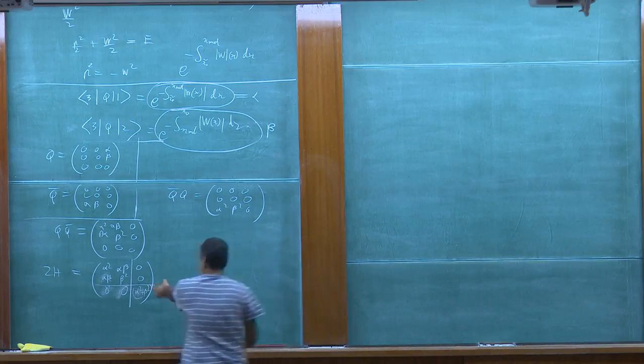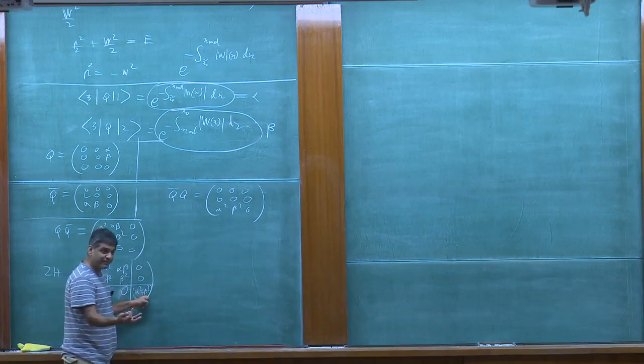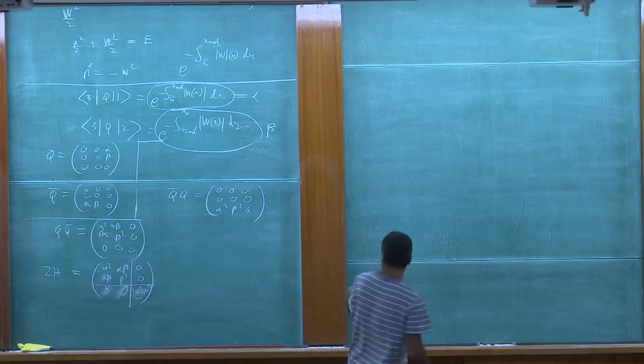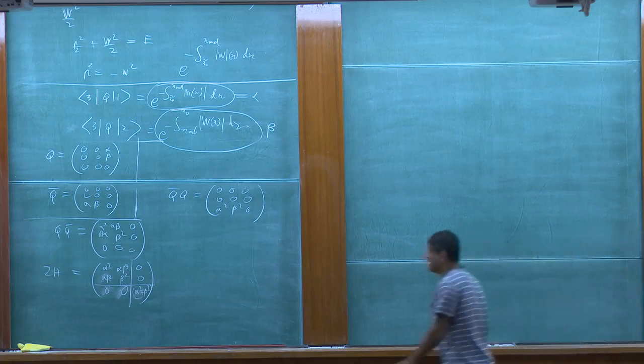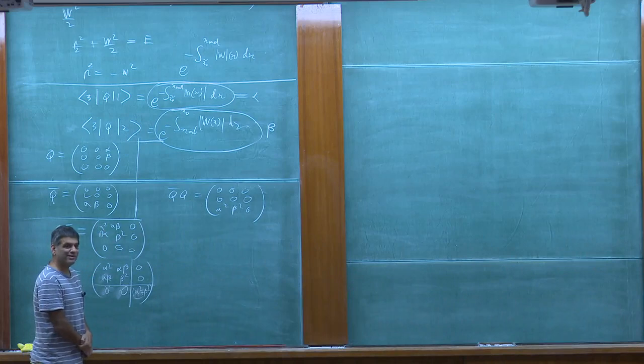But okay, so this guy is lifted, its energy is lifted, and we know the magnitude of its energy lifting. It's alpha squared plus beta squared, where alpha squared and beta squared were what we computed. But what about here? Is there still a zero eigenvalue?